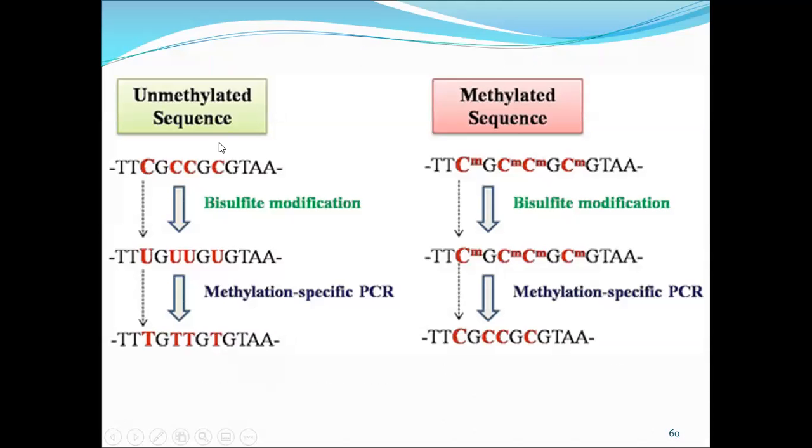So within the reaction, if you have unmethylated sequence, you will have C, which will be converted to U during bisulfite, and then in the methylation specific PCR you will see that it will complement to A. Whereas in the methylated sequence, the C will remain as C even after the bisulfite conversion, and you can find that it is CCC.